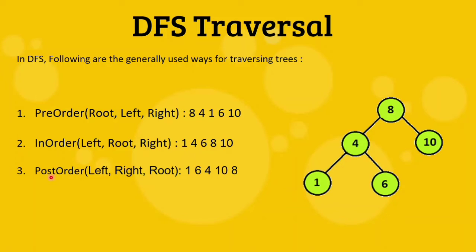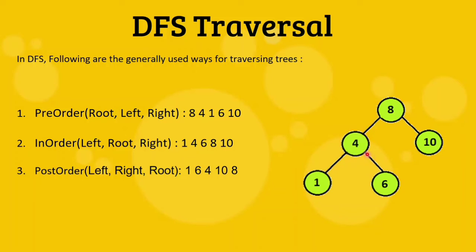Then we have post-order, where we will first cover left, right and then the root node. So starting with 8, we will first go to the left part, then we will go to the right part, then again we will come back to our root node. So in this manner it works. Firstly we will come to our root node 8, then we will come to 4 as it's the left part.